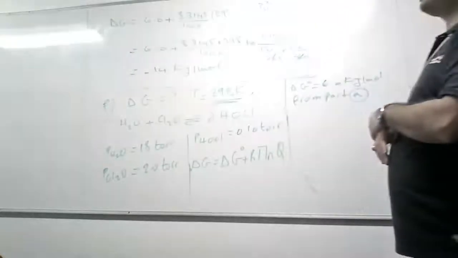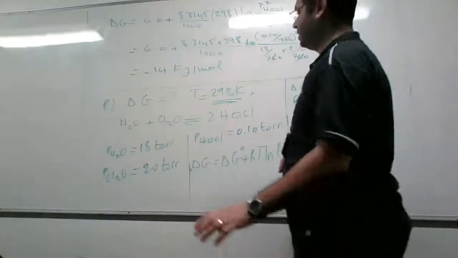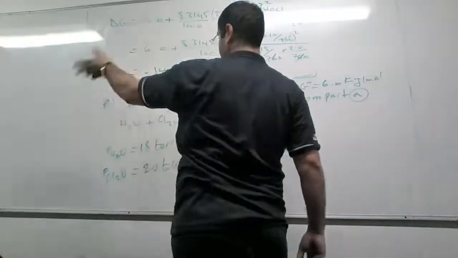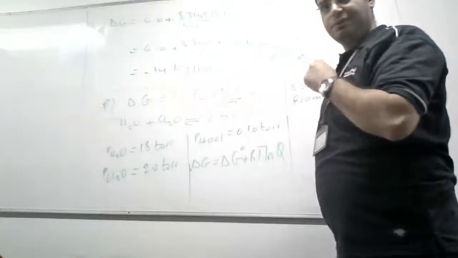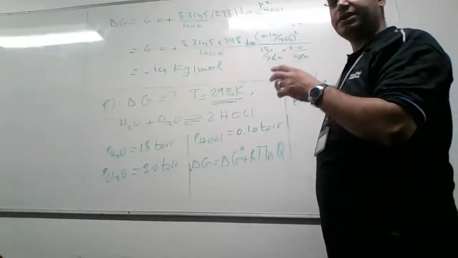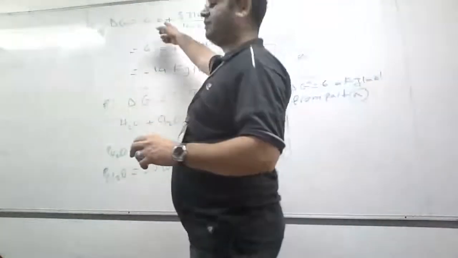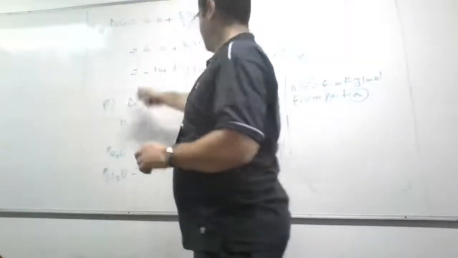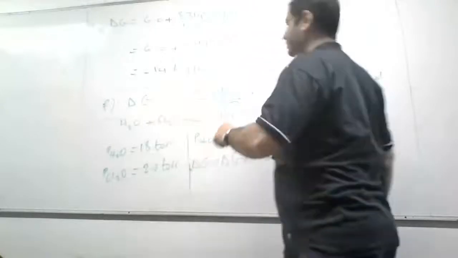Did you get it? I had delta G naught at 25 degrees in the exercise as 6 kilojoule per mole. I will give you time to write. Just follow with me. It was positive, meaning it was non-spontaneous in the forward direction.